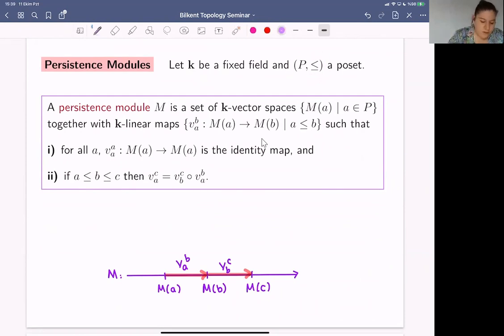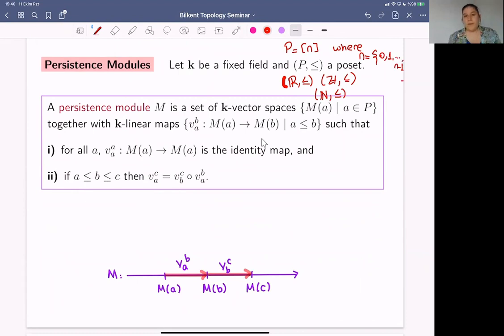In practice, this poset could be R with the usual order, or the set of integers with the usual order, or the set of natural numbers with the usual order, or the poset could be a finite set. Let's say [n], where n consists of n elements, 0 to n minus 1.